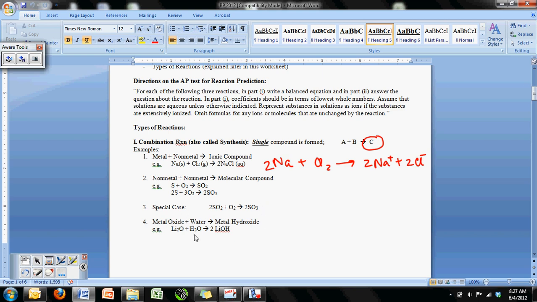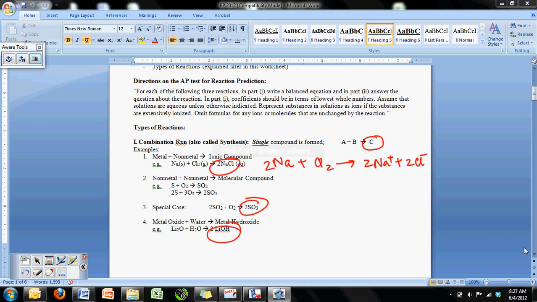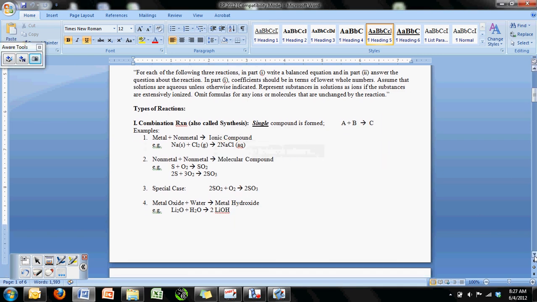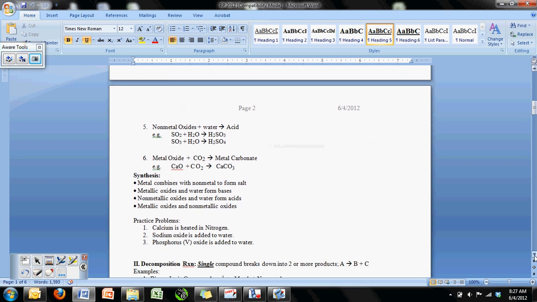And these are other types of combination reactions. The common theme is there's only one product that's formed at the end of these reactions. So that's the first type of reaction, and we call it a synthesis reaction.